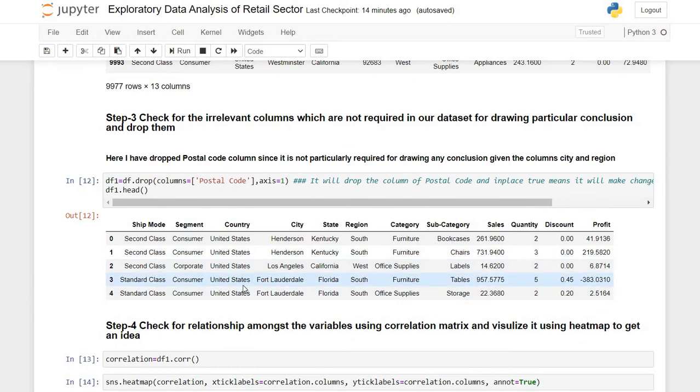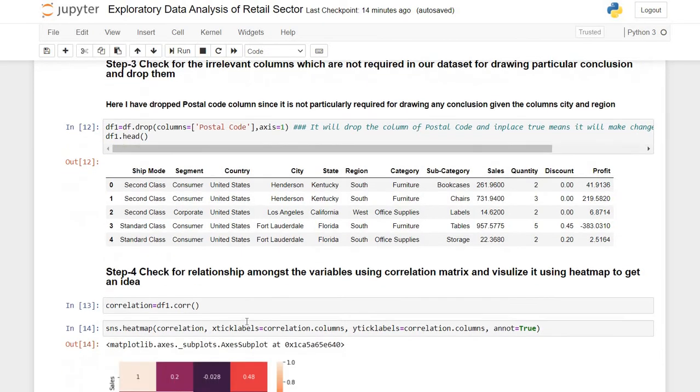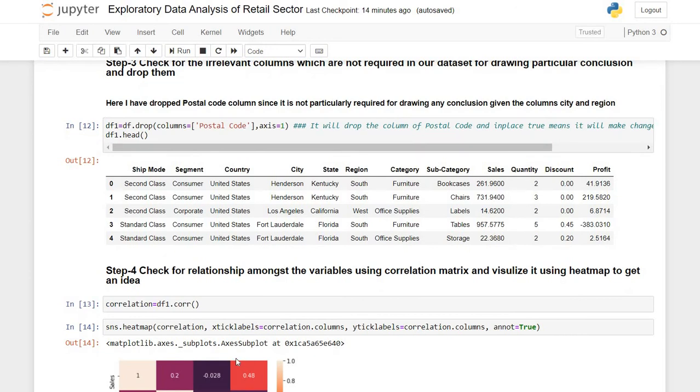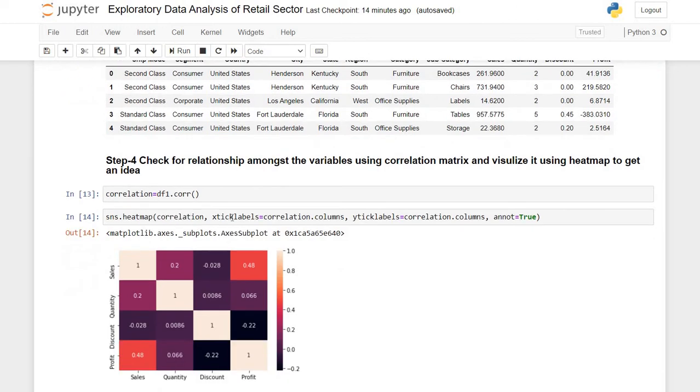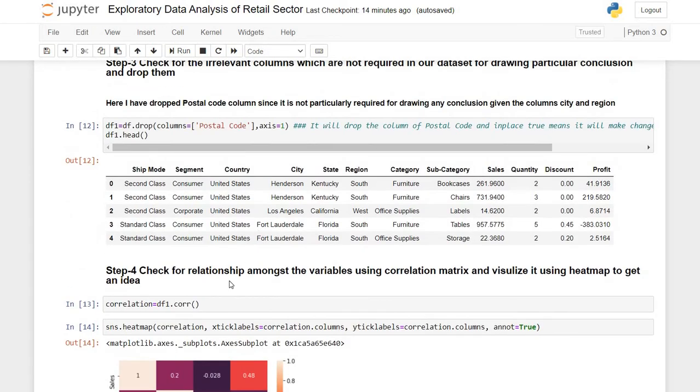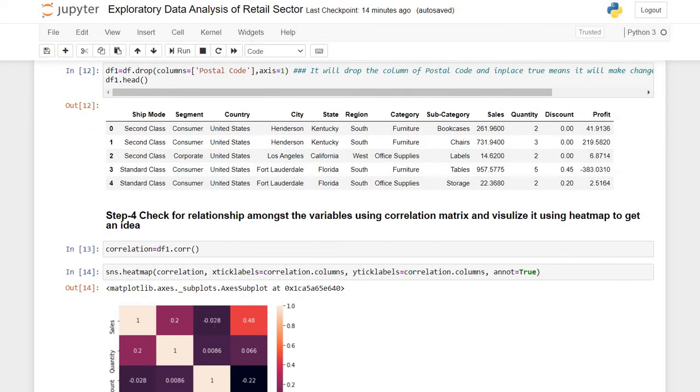After dropping the columns, another step is to check for the relationship amongst the variables using a correlation matrix and visualize it using a heat map to get an idea. For the correlation matrix, we choose the numerical values, the integer or float values.